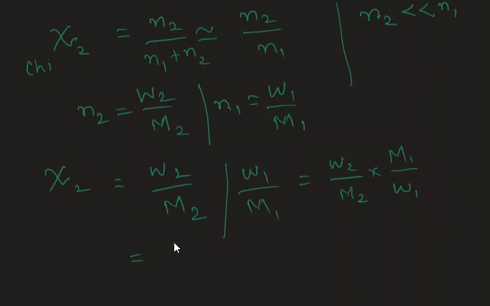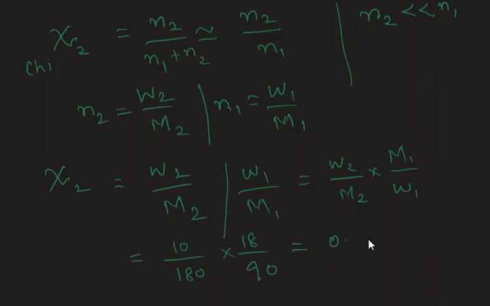What is W2? 10 gram of the solute, divided by molar mass of the solute, which is 180 gram, into molar mass of solvent, 18, being water. So 18 divided by, and what about weight of the solvent? 90 gram, is it not? So 90. So you can work out.